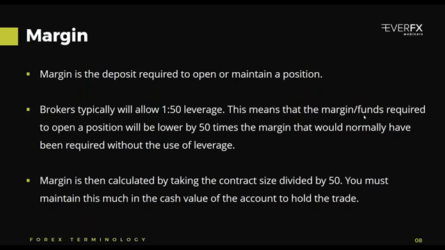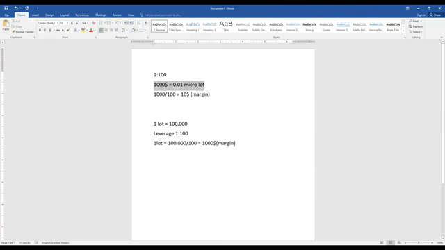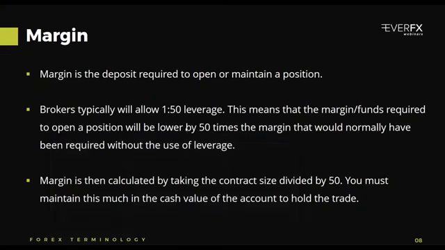This means that the margin, the funds required to open a position, will be lower by 50 times, just as the amount needed to open this position is 100 times lower. It says $1,000, but all you needed was about $10. It's 100 times lower the amount. Why? Because you've got leverage. Your margin is lower. Your margin here as well, it's lower. That's essentially what it's talking about here.